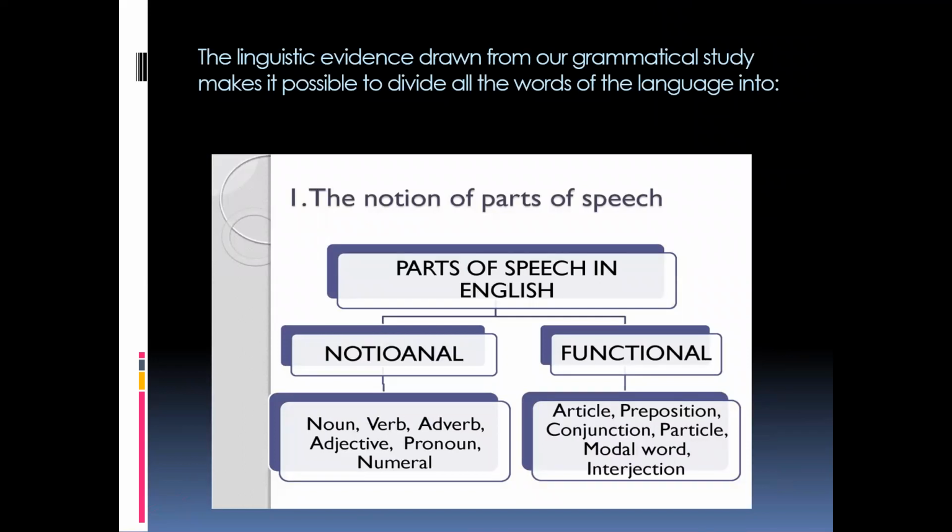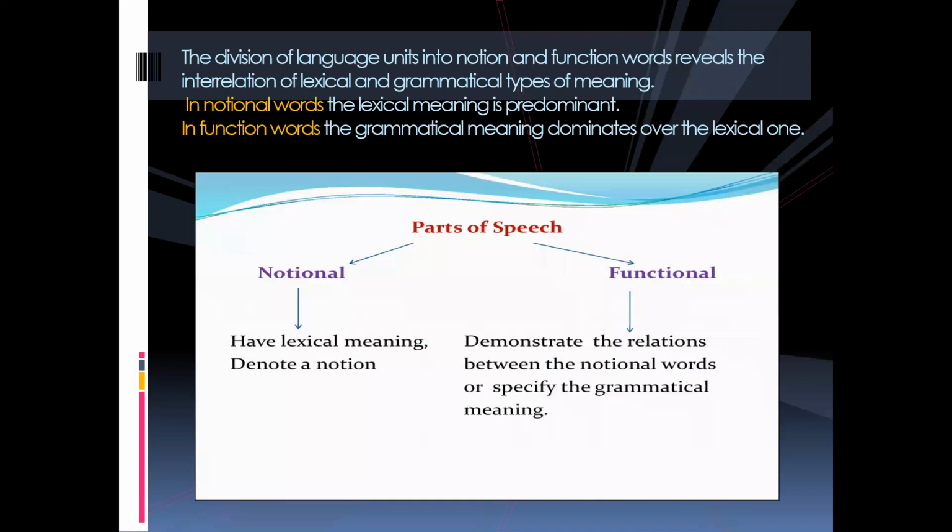The linguistic evidence drawn from our grammatical study makes it possible to divide all the words of the language into notional and functional. Noun, verb, adverb, adjective, pronoun, and numeral are notional, and article, preposition, conjunction, particle, modal word, and interjection are functional. The division of language units into notional and functional words reveals the interrelation of lexical and grammatical types of meaning.